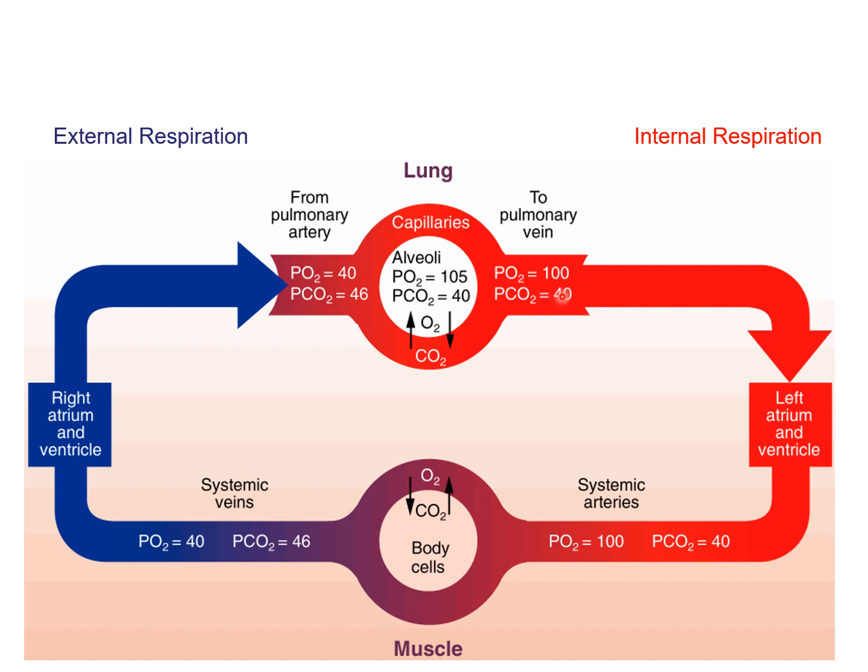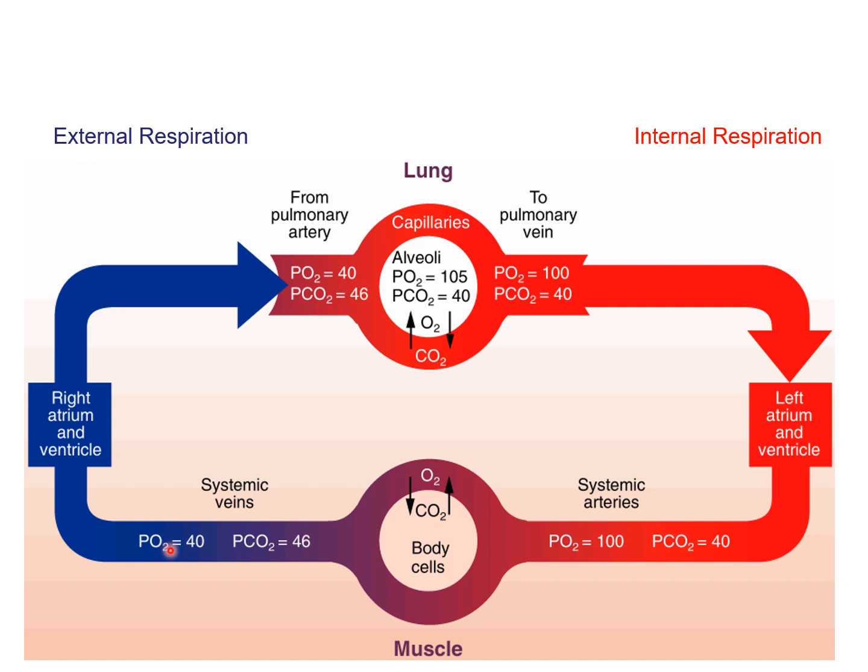PCO2 is relatively consistent, staying around 40 mmHg, and that stays pretty stable all the way through the left atrium and ventricle, and through the systemic arteries until we get to the cells within the tissue, the muscles themselves. At that point, O2 diffuses into the muscle cells and CO2 diffuses out of the cells back into the systemic veins.